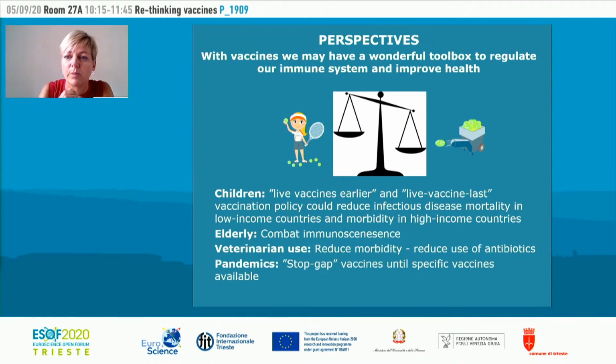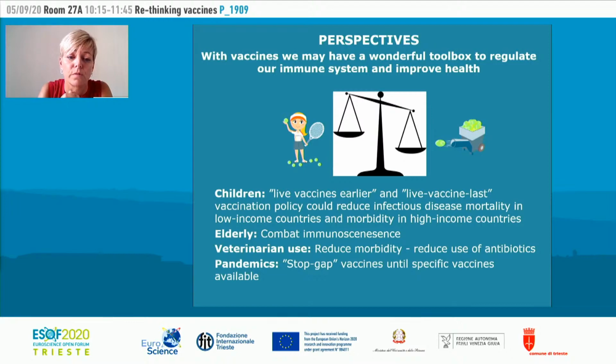For children, I believe we can reduce overall mortality tremendously by taking into account not only the specific, but also the non-specific effects of vaccines. And with live vaccines early or live vaccine last policies, we could reduce overall morbidity and mortality significantly. In the elderly, I think that we could use the live vaccines to combat the immune system weakening that they experience.